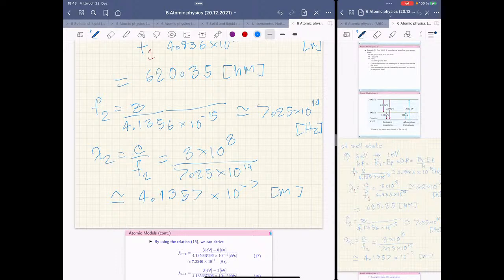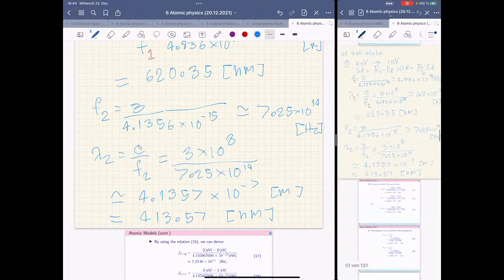In terms of nanometer, it's equal to 413.57 nanometer. And that's the second wavelength of the photon.